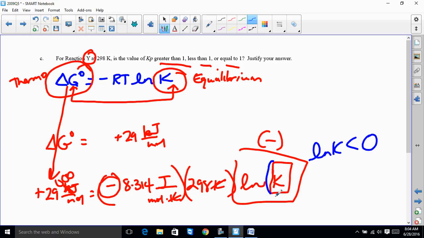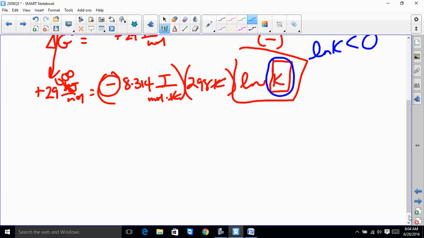Now, what kind of numbers, when you take the log, I don't care what the base is, are negative? Well, they're numbers that are less than 1. You guys have really struggled a lot with exponents, but let's just do log base 10. I know this is log base e, but the log base 10 of 100 is 2. Why? Because 10 squared is 100.